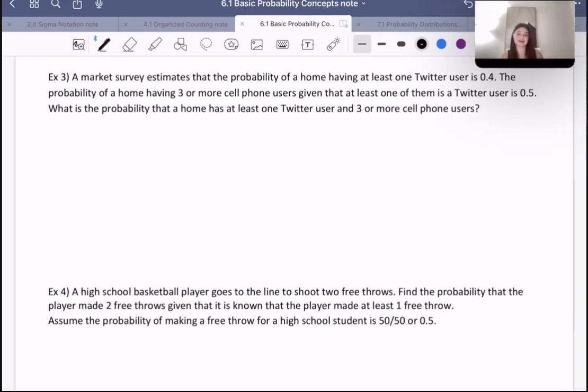So that's the implication here. Whereas, let's say nobody has a cell phone, then perhaps we're less likely to have a Twitter user, though I guess you could use Twitter on a computer. But the cell phone is one way to do it, and that's the implication they're making. So let's go ahead with that.